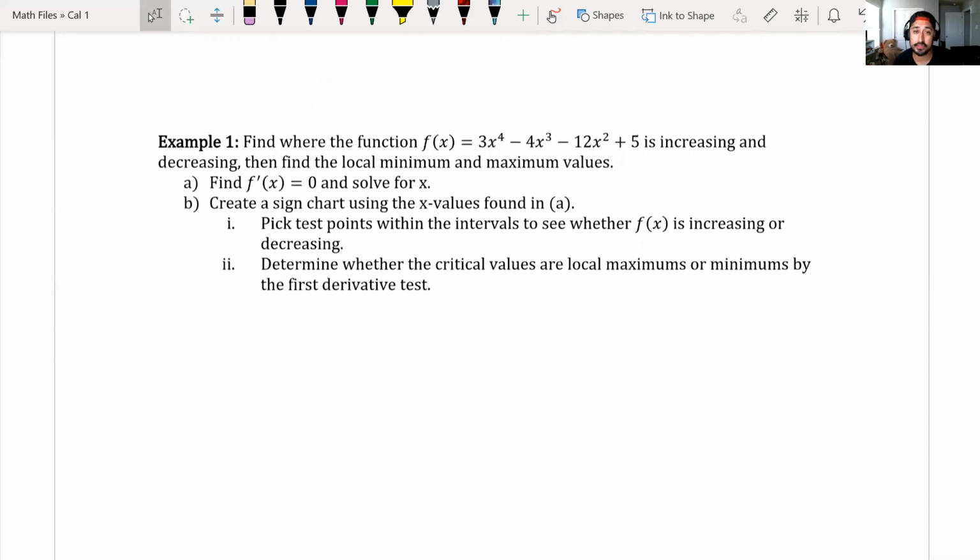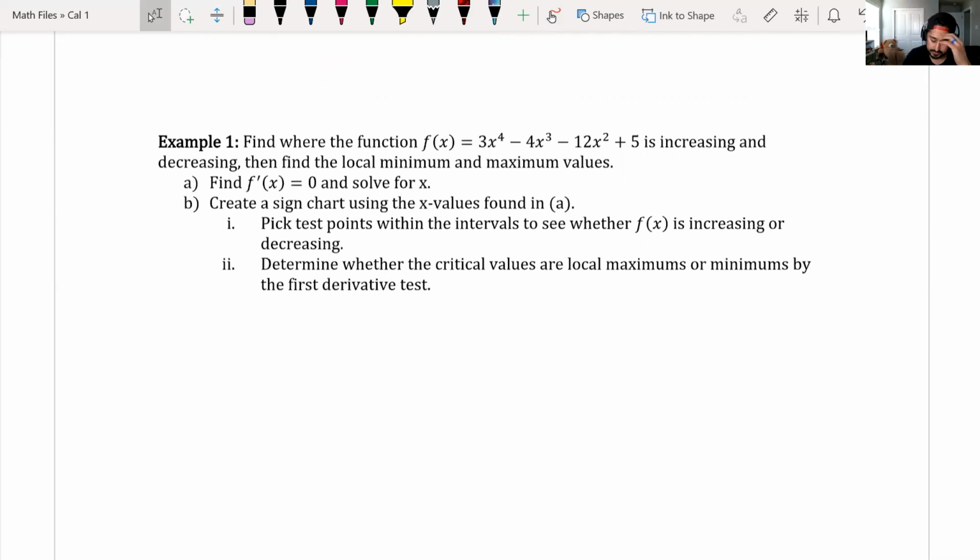Those test points will tell you where the derivative is positive and negative and where the original function is increasing and decreasing. Once we make that sign chart, we will be able to find where we have maximums and minimums. So we just add an extra step to what we learned in 4.1.